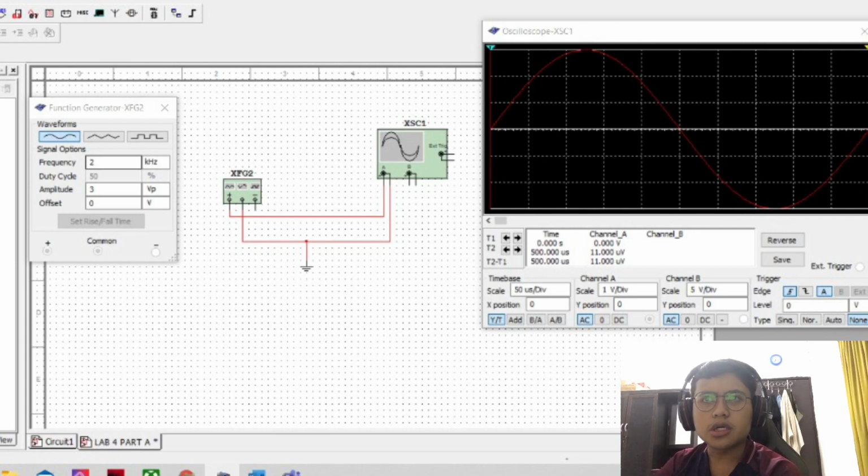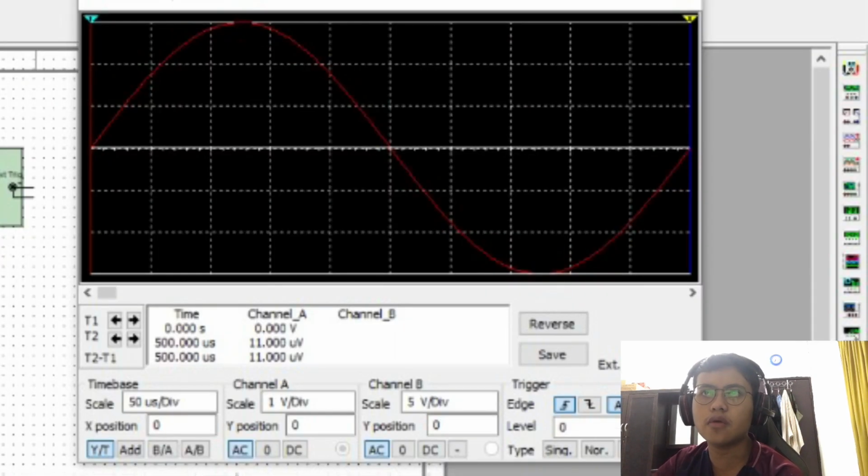From the oscilloscope, the way to find the period of time is that we need to find one cycle and count the boxes. Just for example, the number of boxes in the simulation is 1, 2, 3, 4, 5, 6, 7, 8, 9.